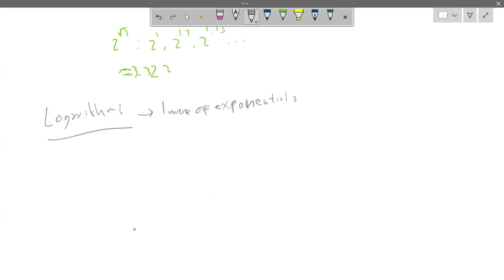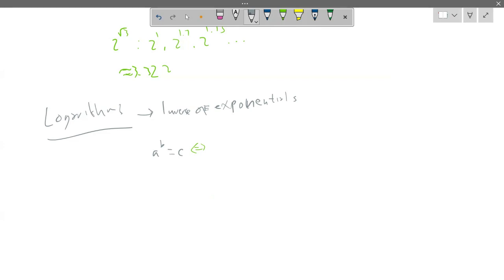So let's say you have an expression like this: a to the power of b is equal to c. We define an equivalent definition of this.